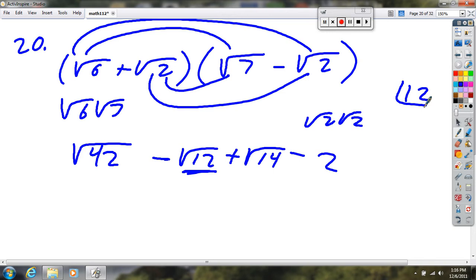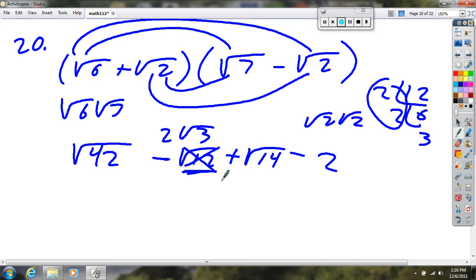Do I have pairs inside of 42? No. It's 6 times 7, and 6 is 2 times 3 times 7. But 12 is 2, 6, 2, 3, so there's a pair of 2's. So the 2 comes outside, and I have a square root of 3 inside. That's what 12 is.